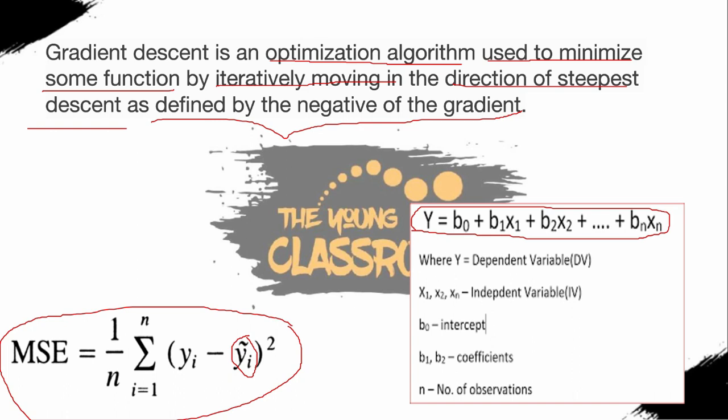Gradient descent is used to minimize this function in our case. This mean squared error may change in further videos, but the main point is to minimize some function by changing these b0, b1 to bn. Let's look at further examples.